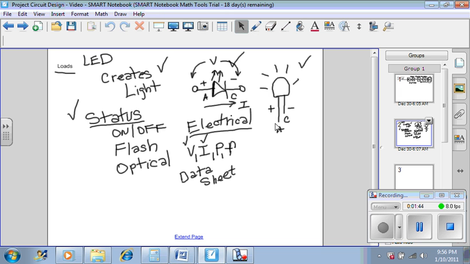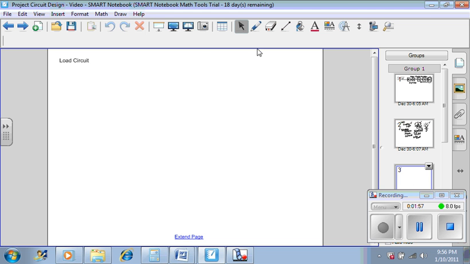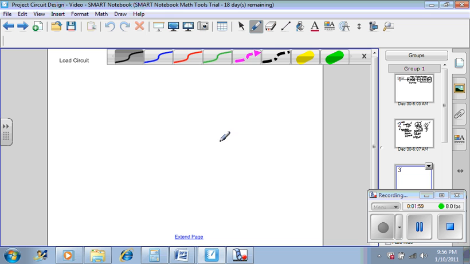Now we will move to the next step, which is to create an actual circuit. And for this, you need some extra components. First, you basically lay out your component.